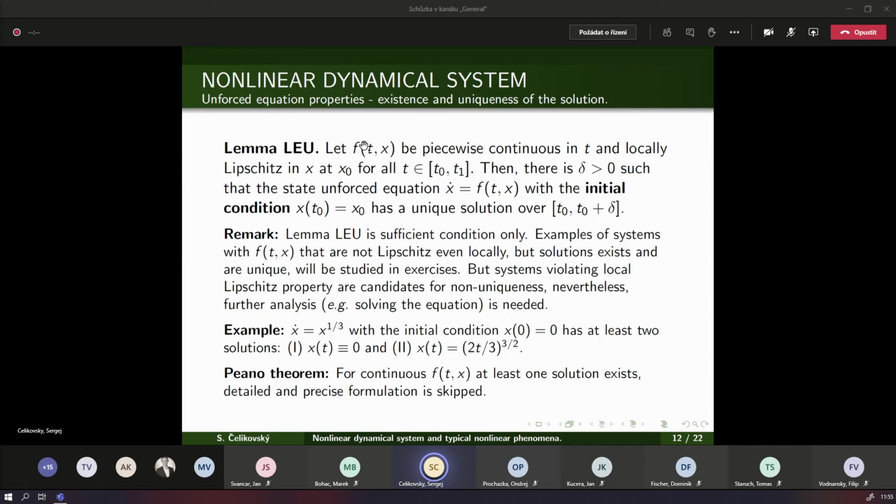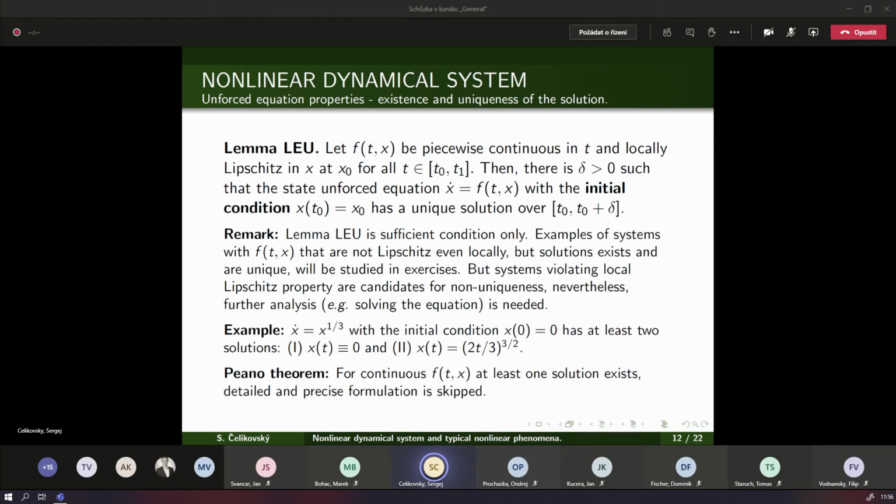It asks for the weakest requirement, just that f is locally Lipschitz at x0. And then it guarantees only that we have a unique solution over some very small time interval. Really, this is a typical mathematical formulation: there exists delta greater than 0, and even no estimate of how big delta can be.